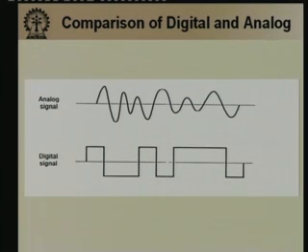You can see that it can take any shape, and the digital signal is a square wave kind of signal. This digital signal really represents a series of ones and zeros, a stream of bits. But analog signals, of course, can take any value in general.